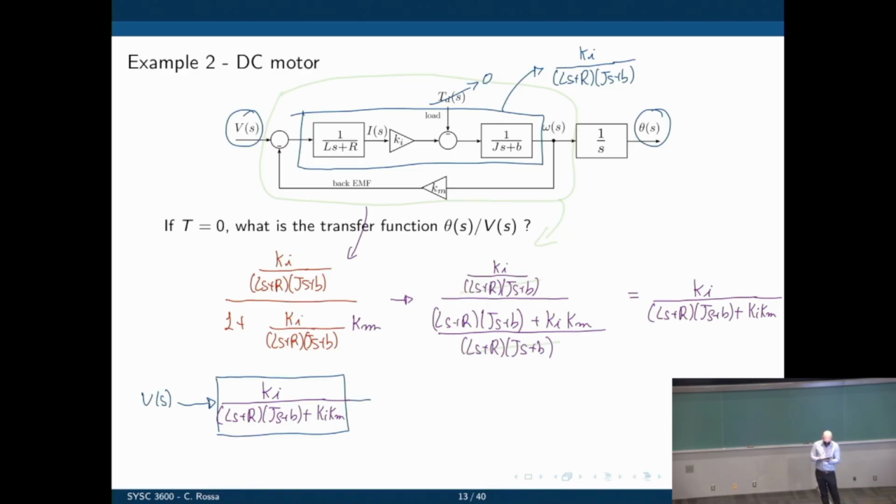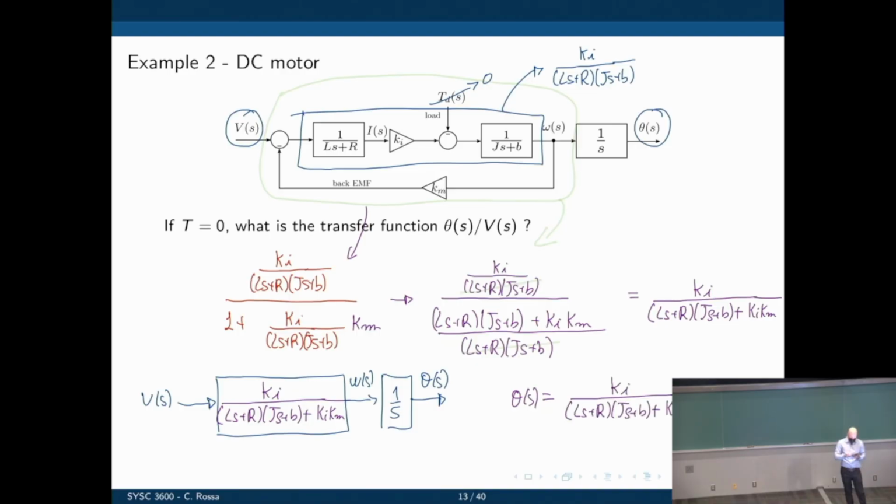And in the output here, we have omega of s, 1 over s, theta of s. So what is the equation for theta of s now? It's simply the multiplication of these two line functions. Is this times 1 over s, and of course times V of s.